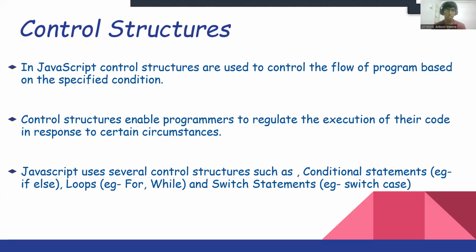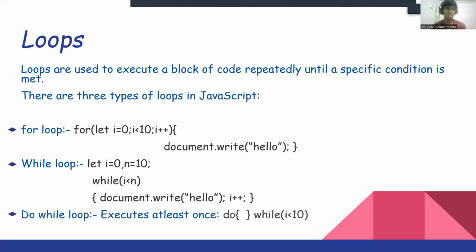Secondly, loops are used to execute a block of code repeatedly until a specific condition is met. So we don't have to write the code again and again, and we can apply a loop for the repetitive tasks. There are three types of loop.